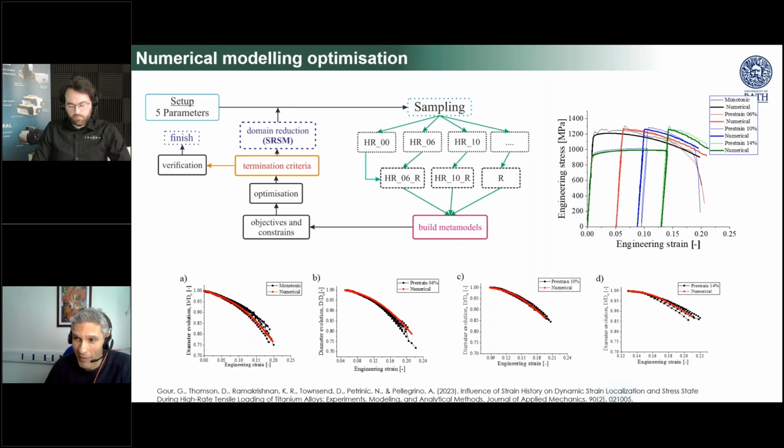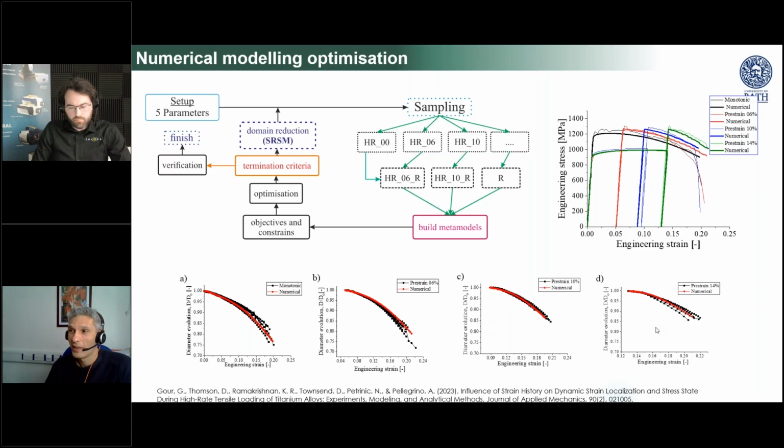In particular, the diameter contraction was matching for each and all of the levels of pre-strain. And of course, the adiabatic heating temperatures were also matched by the simulation.